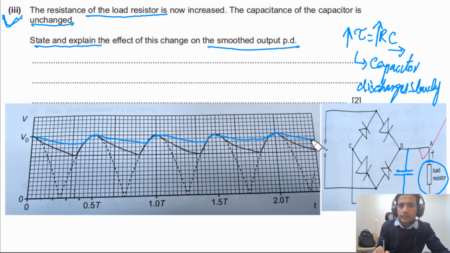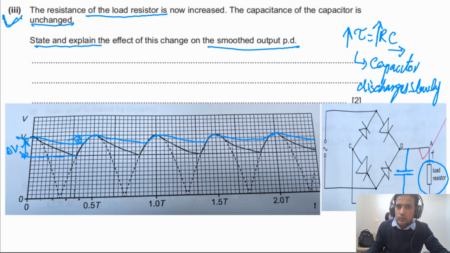So for the ripples, you can see the variation in PD has decreased. First of all, the variation in PD across the load resistor was this much, this was the delta V, but now it is just this much. So variation in PD decreases, which means ripples will decrease. These are the points you need to understand to answer the question.